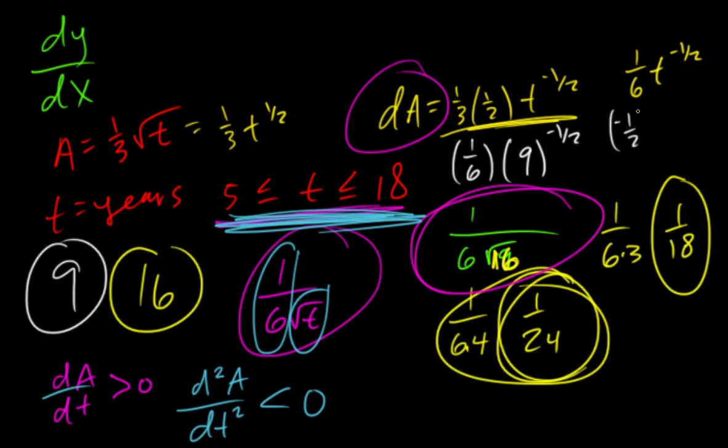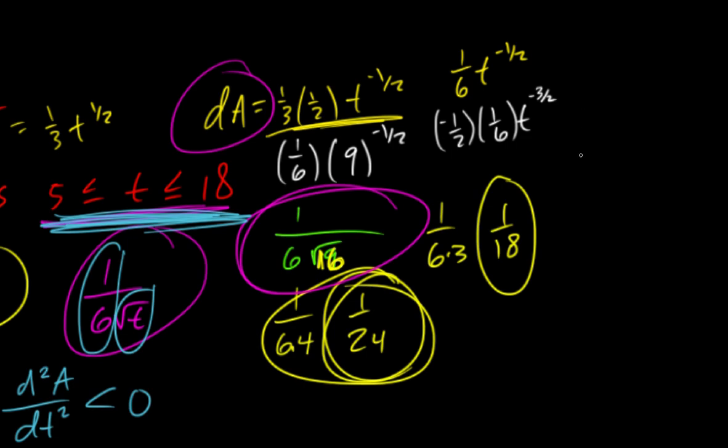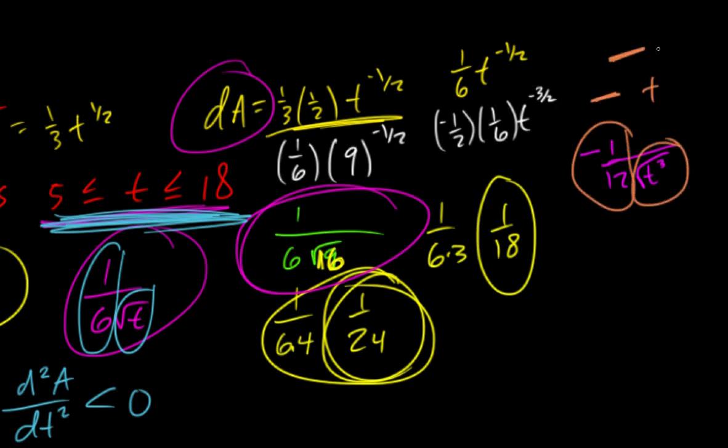So that's negative 1/2 times 1/6 t to the negative 3/2. Move that over. So that's negative 1/12, and then this is going to be t cubed underneath a square root. Now this is always negative, but this is always positive, so negative times positive will always give us a negative number.